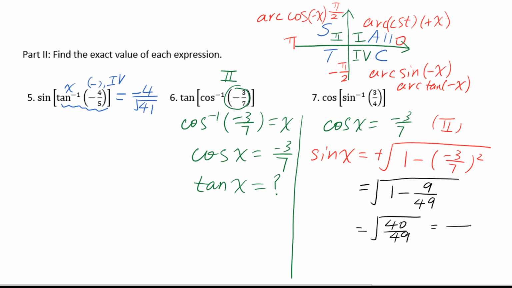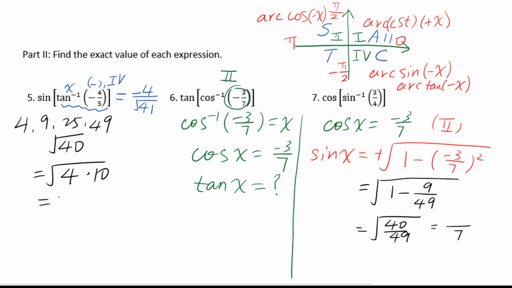Square root of 49 is 7. Square root of 40: we will use 4, 9, 25, 49 as factors to simplify these radicals. So we have 4 times 10. Square root of 4 is 2, so you get 2 square root of 10.